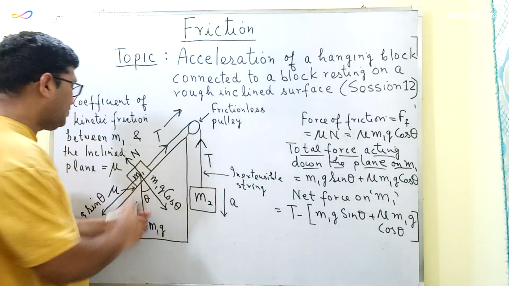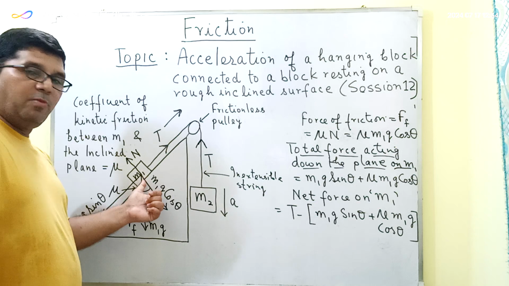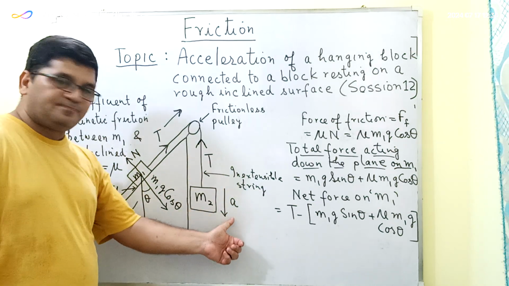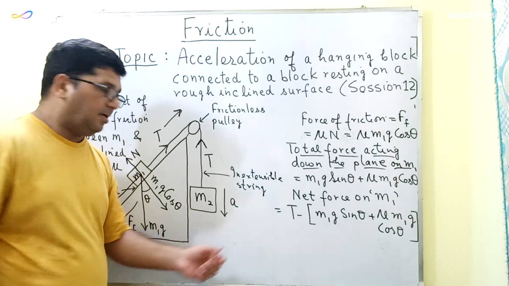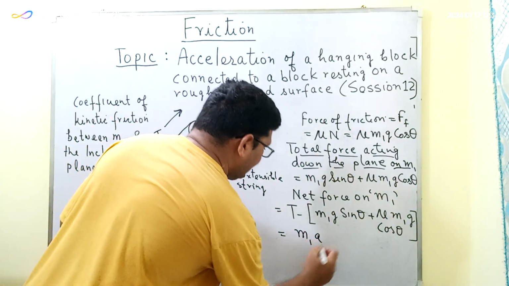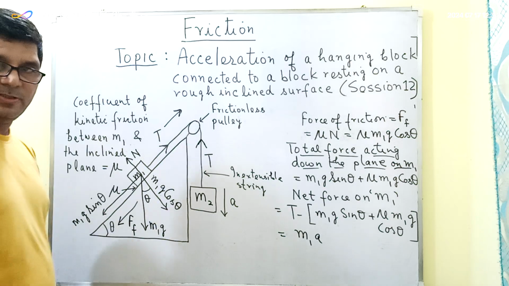This is the net force acting on this block of mass m1, and this net force will generate the acceleration a. So this can be written as equal to m1a. So this is the first equation which I have got.